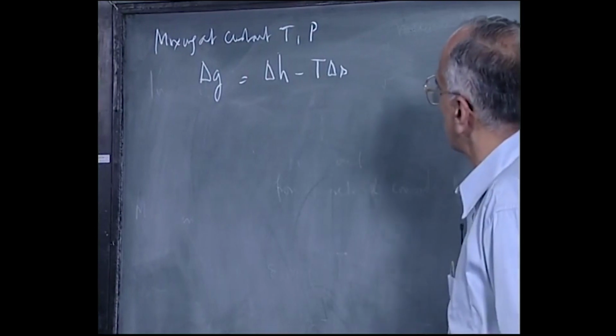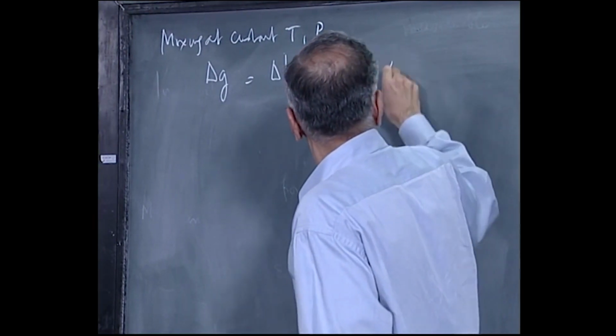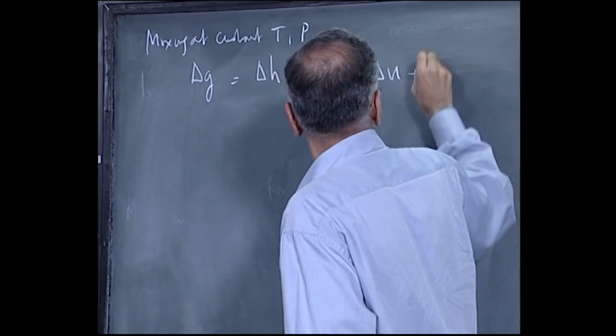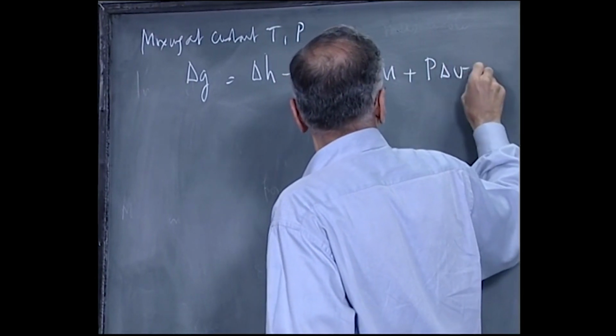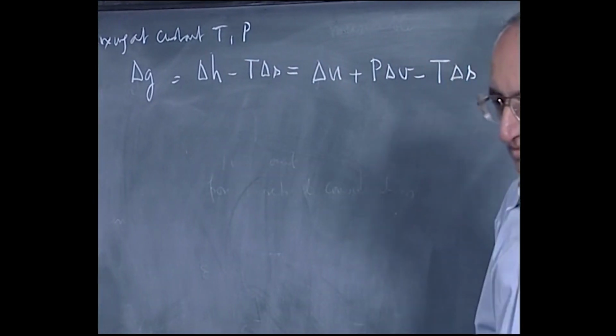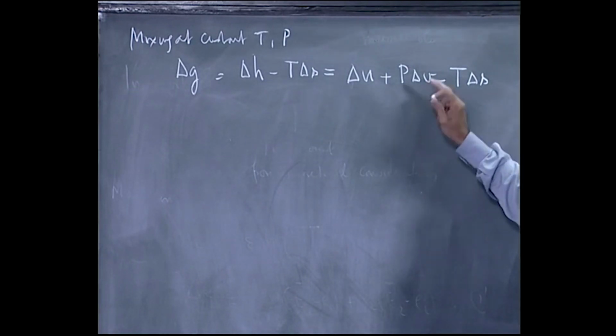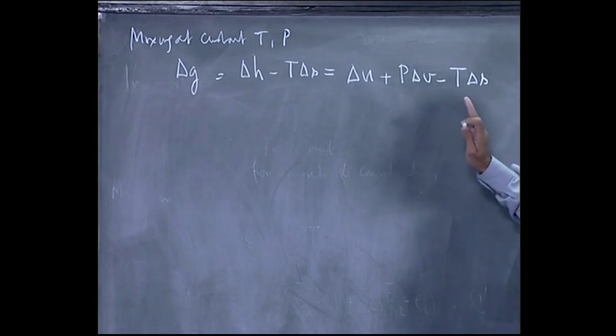I am looking at delta G mix, it is equal to delta H minus T delta S. This is equal to delta U plus P delta V minus T delta S. Constant T and P, so delta T and delta P will not come in, no change in temperature and pressure.